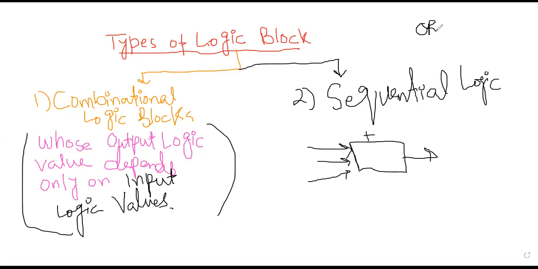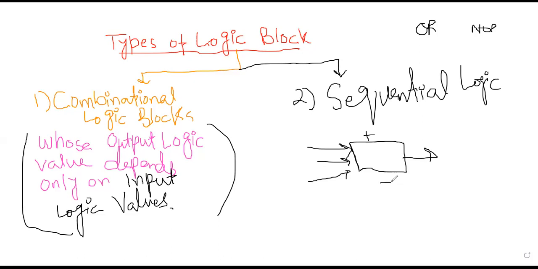OR is a positive gate, and the inverse of OR is NOR, so it will be negative in that case. Combinational logic depends only on input, but sequential logic depends on the input and also on the state in which my system is.